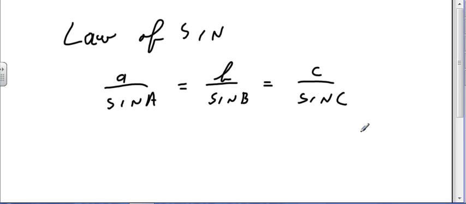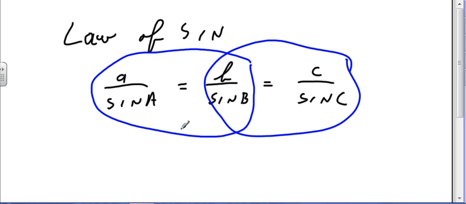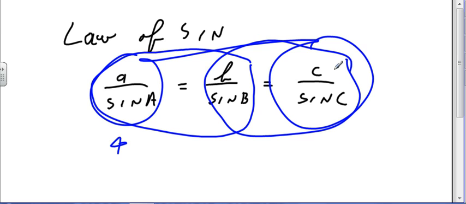That doesn't make any sense. So the truth is either those two are equal and that one is not, or these two are equal and the one in the center is not, but they can't all be the same. So even though we have equal signs saying they're all the same, they're not really all the same.